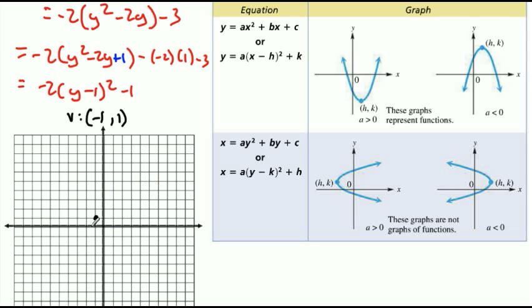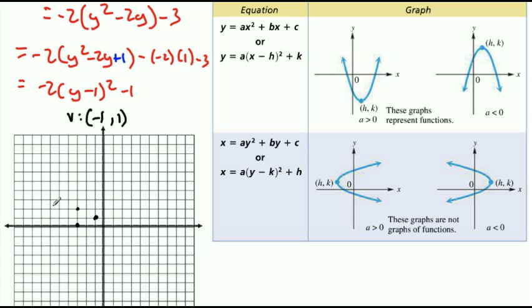And we know that it's going to open to the left because if a is less than 0, then we know it's going to open to the left. So let's use our shortcut by doing the over 1 up 1 times a, over 2 up 4 times a. So I'm going to go over 1 up 2 times a. Well, a is -2, so I'm just going to go up 2. Over 2, oops, wait, that one should be right here.